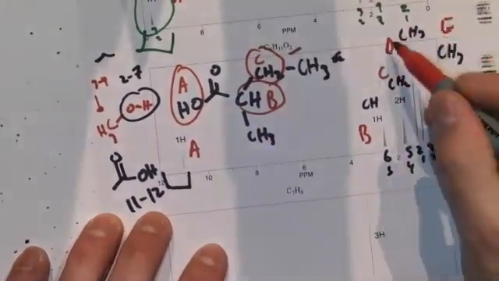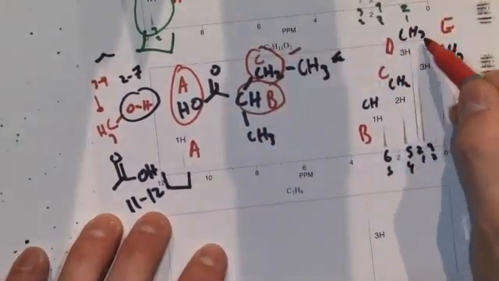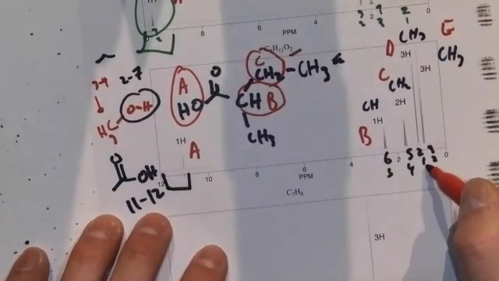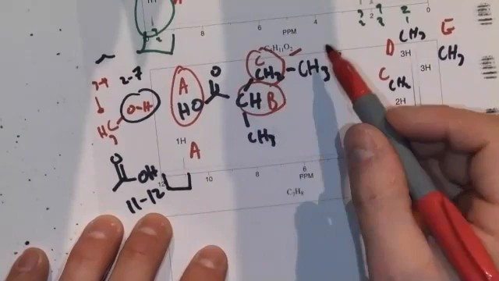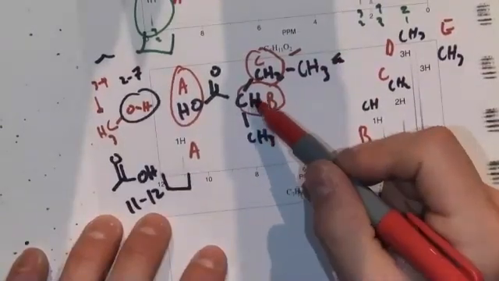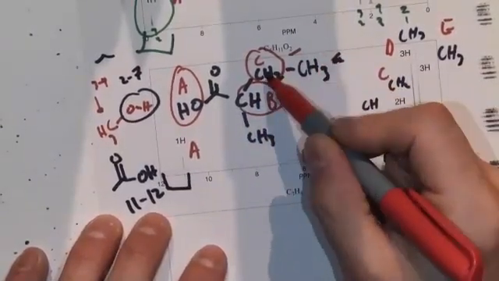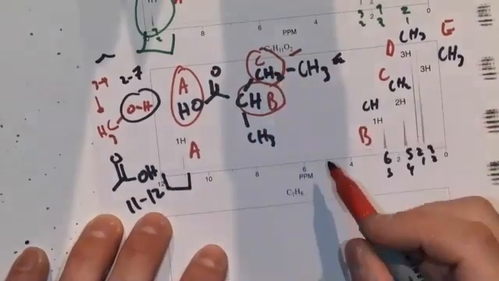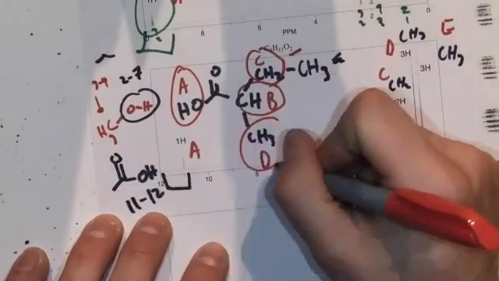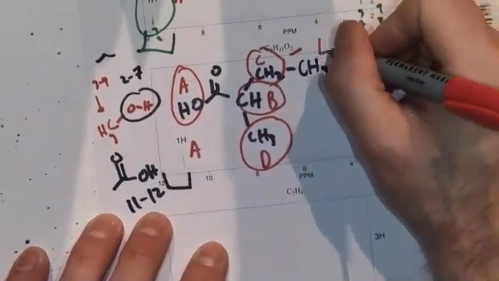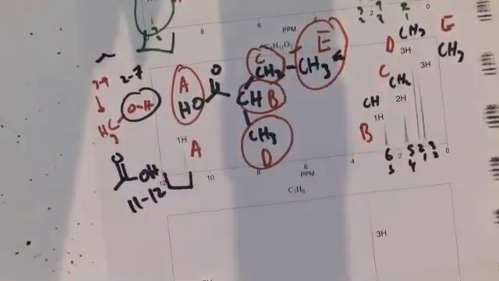D and E are both CH3s. This first one is supposed to have one neighbor. So this CH3 is next to one H. This CH3 is next to a CH2, so it would have two neighbors. So D is going to be this bottom one. E is going to be this top one here.